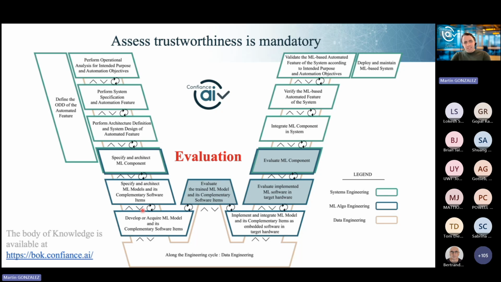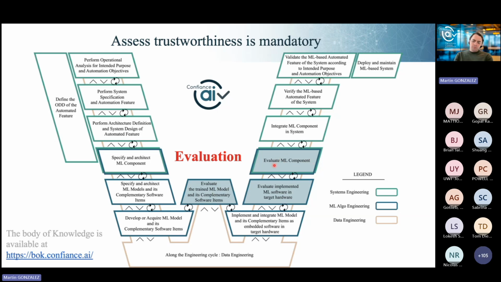And the part of evaluating and assessing trustworthiness, which is mandatory, in a way, I want you to focus on 3 of these 16 or 17, I never remember exactly, steps, which are to evaluate a trained ML model and its complementary software items, to evaluate on-target hardware, and to evaluate not an ML model, but an AI component, to be more precise.